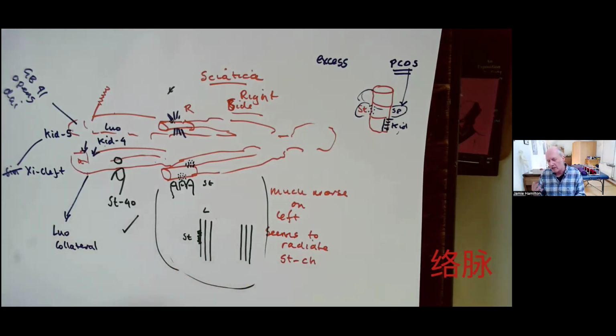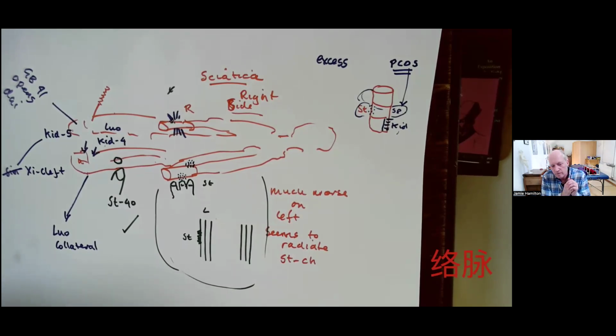I hope that describes the fact that I don't really know the exact meaning of deficiency in the extraordinary vessels, but all I can say is the pulses feel excess. So it's almost like it's showing the excess manifestation of those deficient things.